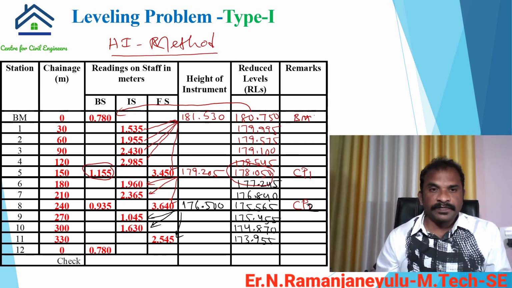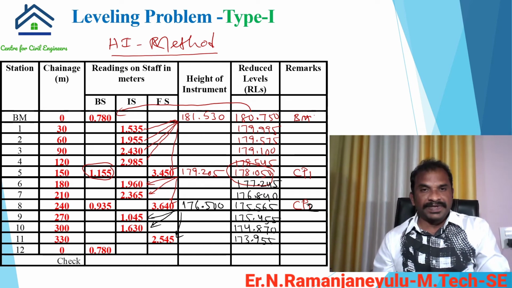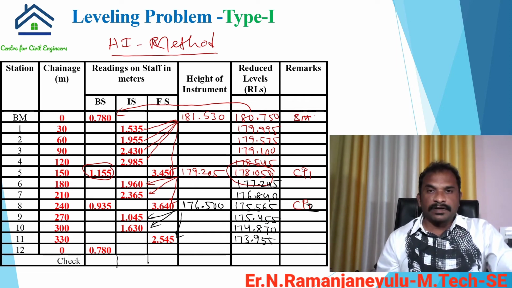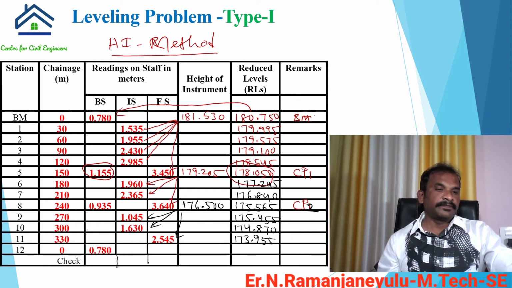Then again, we have to take the summation of BS values and the summation of FS values, and then we will get the arithmetic check.